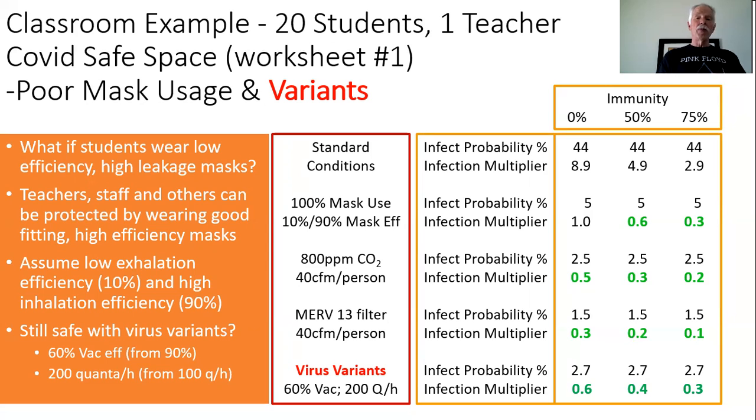And coupled with more and more people getting vaccinated, that should lead to good protection for yourself personally until you get vaccinated. And it should protect the classroom as far as getting the infection multiplier below 1 to a level where the infections start dying out within the community.